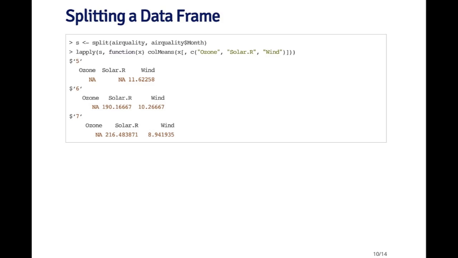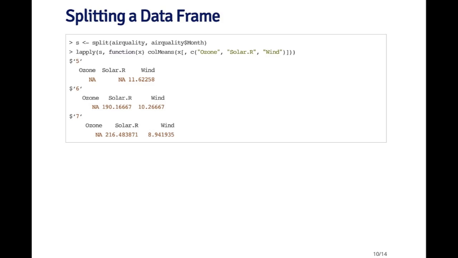So here I've split the airquality data frame according to the month variable, and then I'm going to apply an anonymous function. What the anonymous function does is take the column means of just the ozone, solar radiation, and wind. So I'm not going to take the mean of temperature here. I'm just going to take the column means of those 3 variables for each monthly data frame. So here you can see the results.